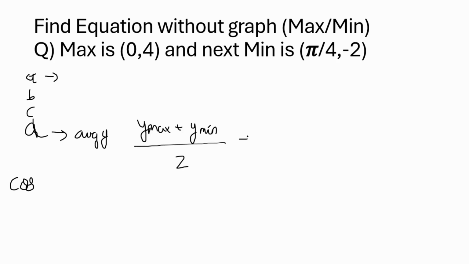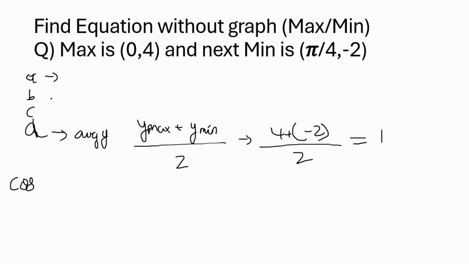So in this case that's gonna be 4 plus negative 2 over 2, which is 4 minus 2 over 2, which is 1.